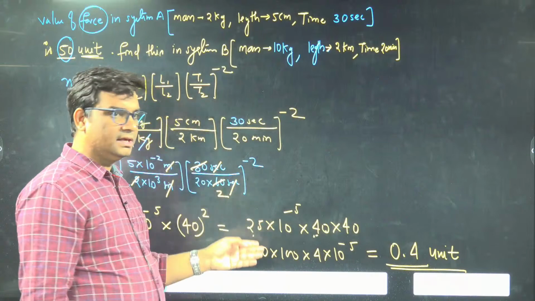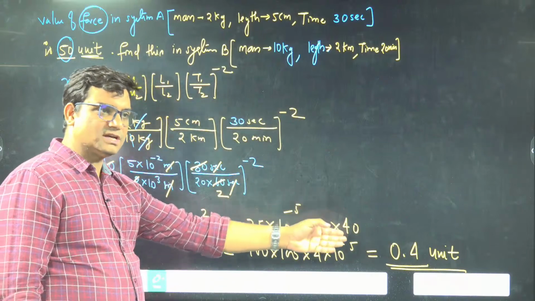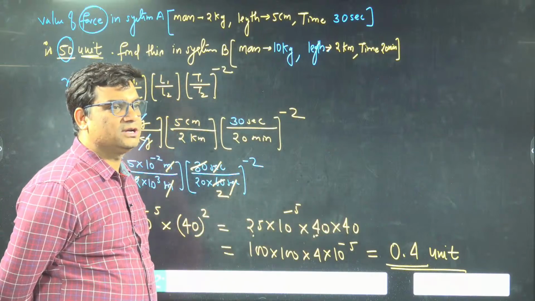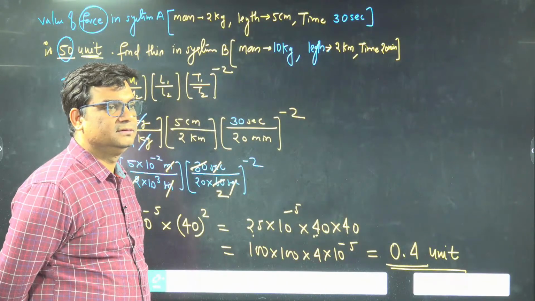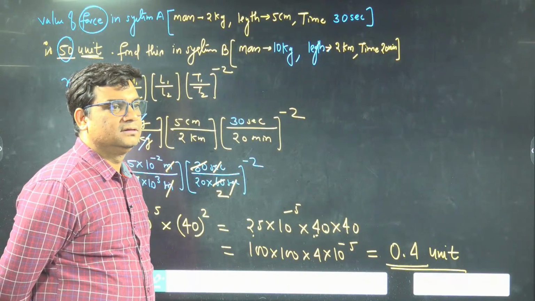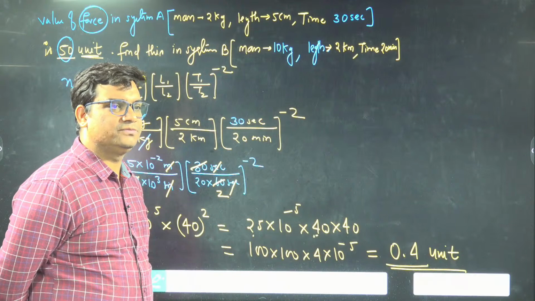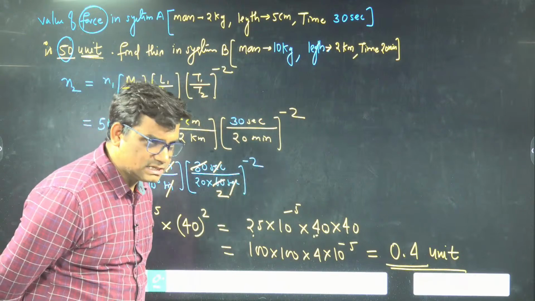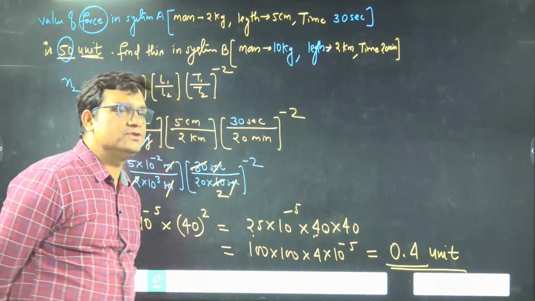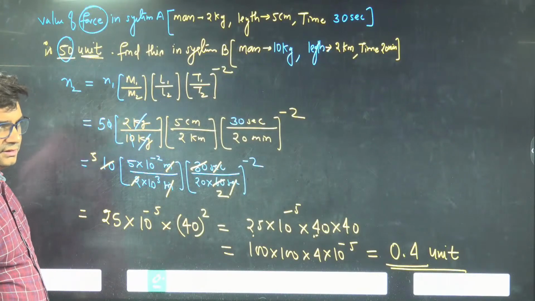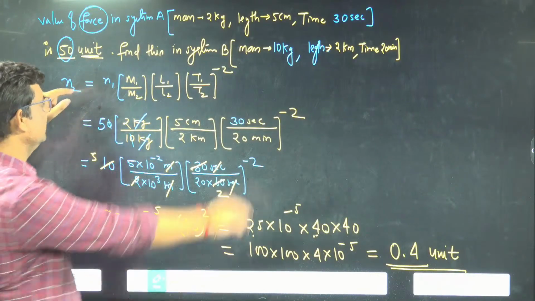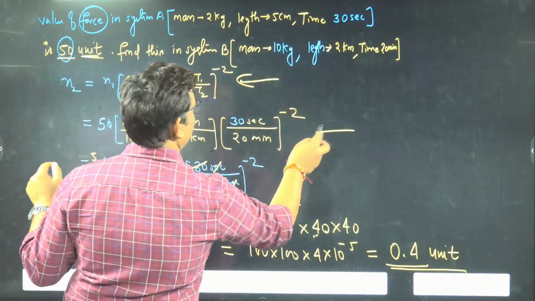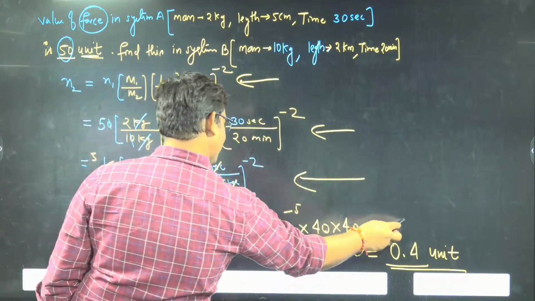0.4 is coming. 0.4 coming now. What answer? 0.4. Yes. If you have any problem in the line, you can ask: first line, second line, third line, fourth line.